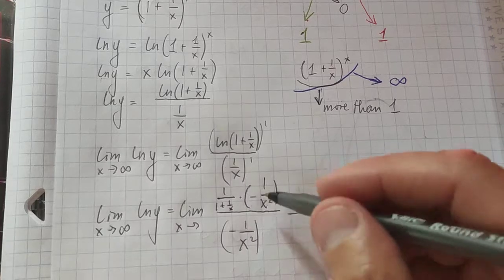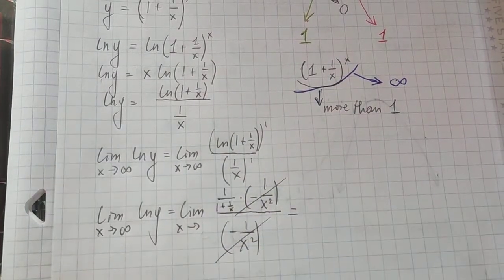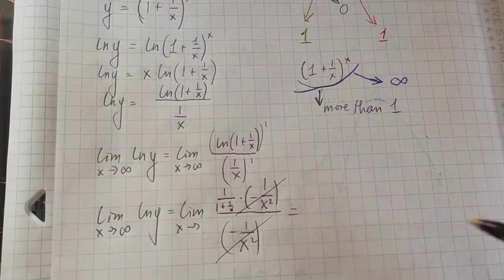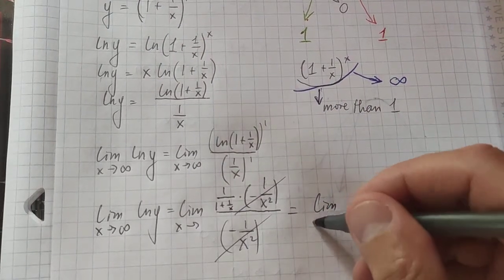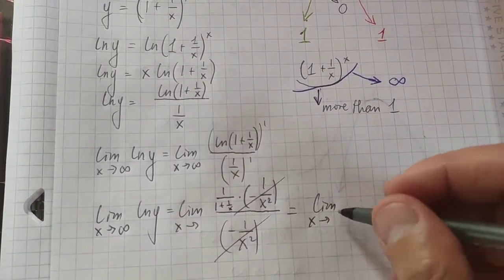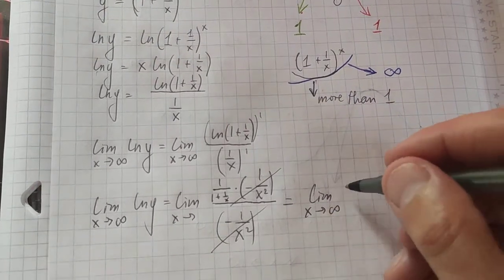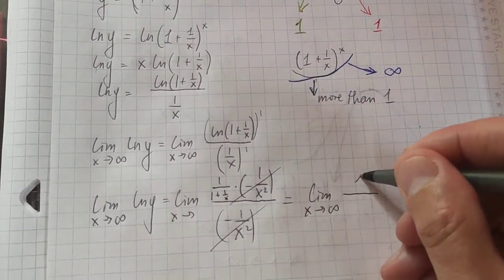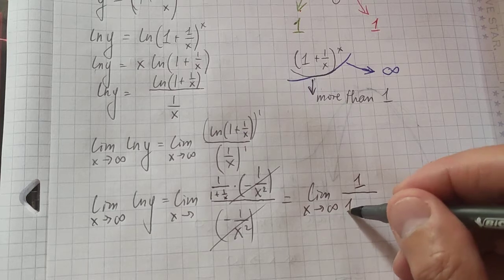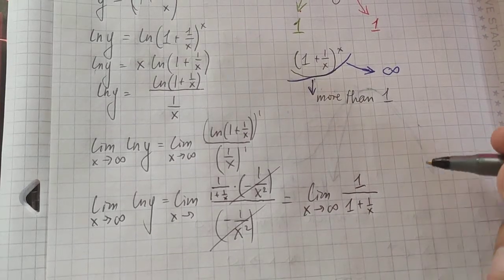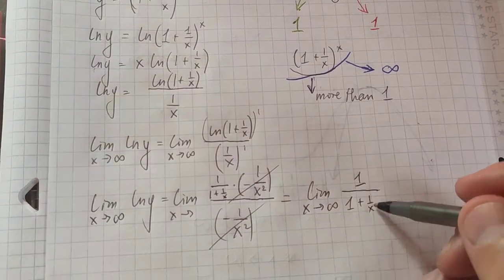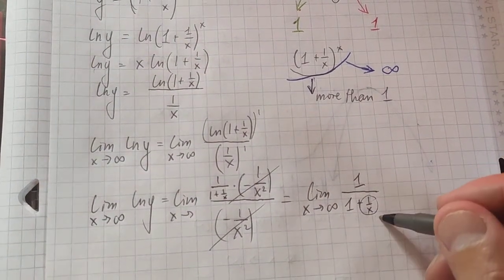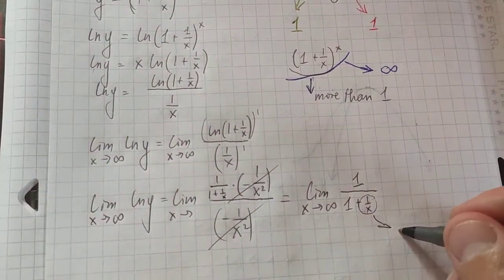Okay, that's good, because now we can cancel these, and I have limit x going to infinity of 1 over 1 plus 1 over x. So if x is going to infinity, this thing approaches 0.